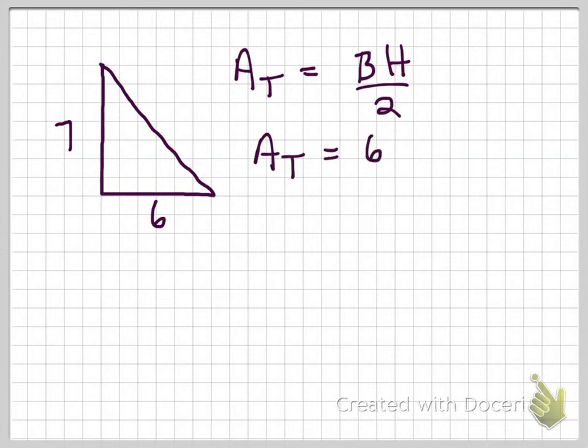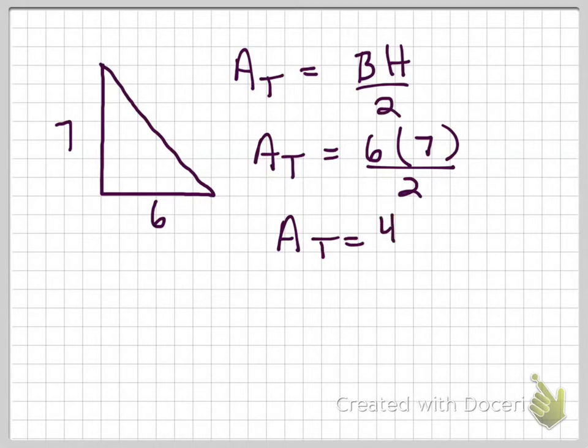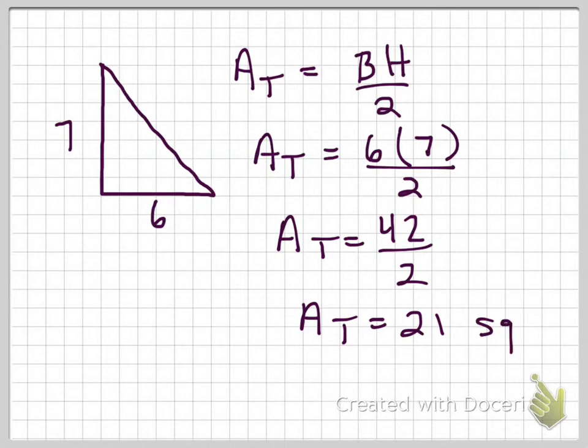My base is 6 and my height is 7. And now I'll multiply out, and that will be 42 over 2. So my final area of this triangle would be 42 divided by 2, which is 21 square units.